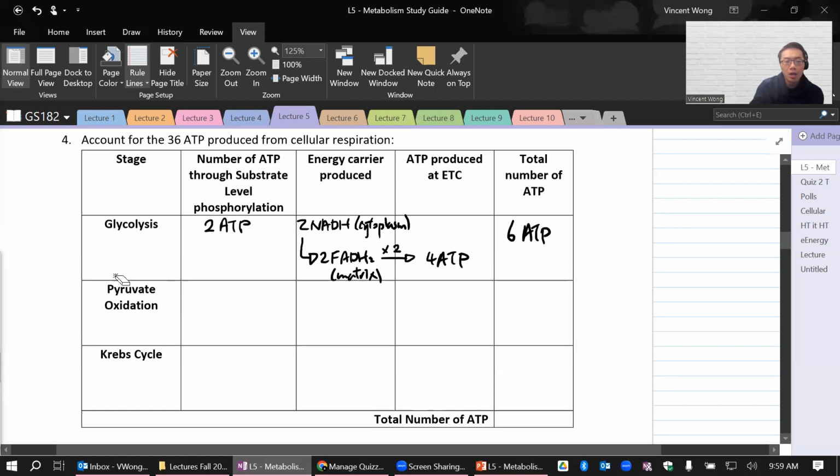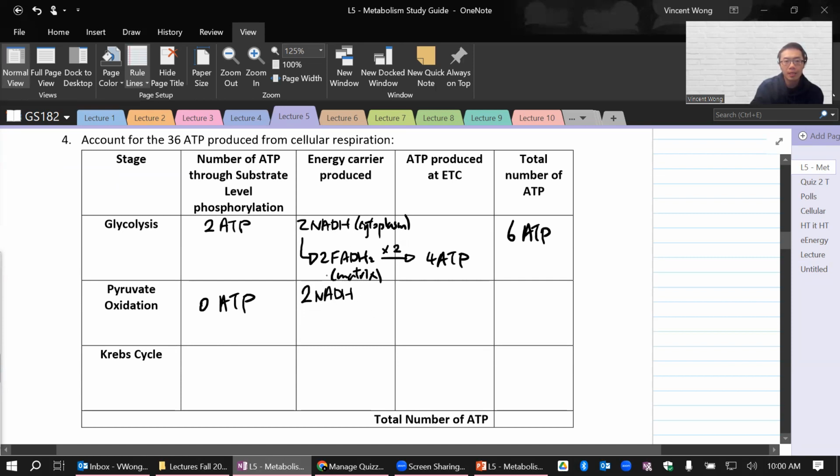For pyruvate oxidation, how many ATPs are we producing through SLP? 0. 0 is correct, none. The energy carrier produced from pyruvate oxidation is 2 NADH, and that's it. These are already in the matrix, so there is no need to transfer them.